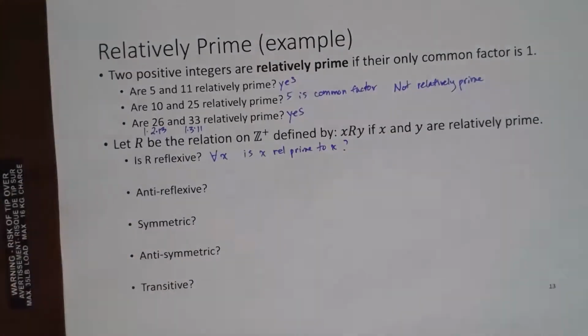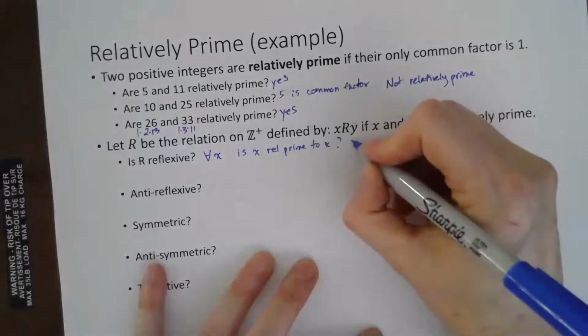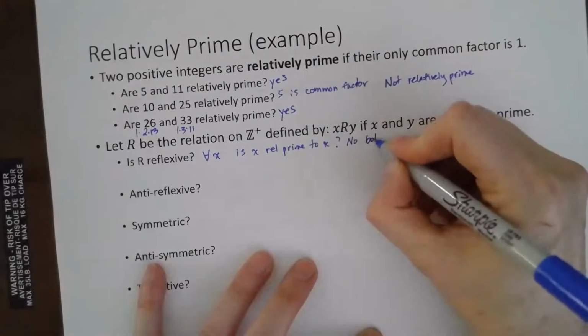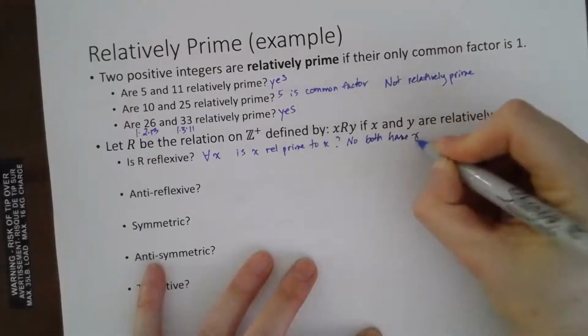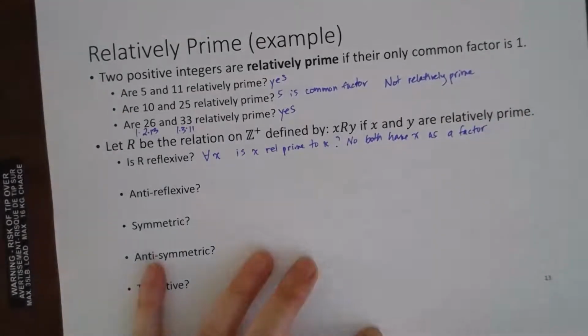So do x and x only share a common factor of 1? No. What other common factor do they have besides 1? Themselves, x, right? They both have x as a factor. Okay, so this is not reflexive.